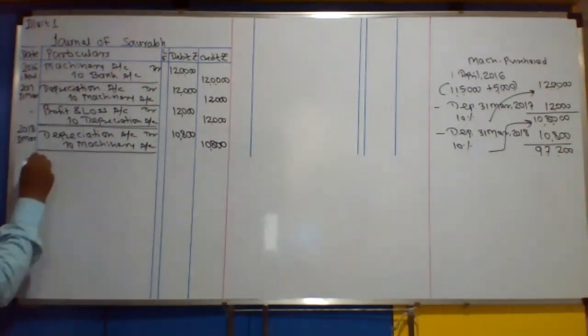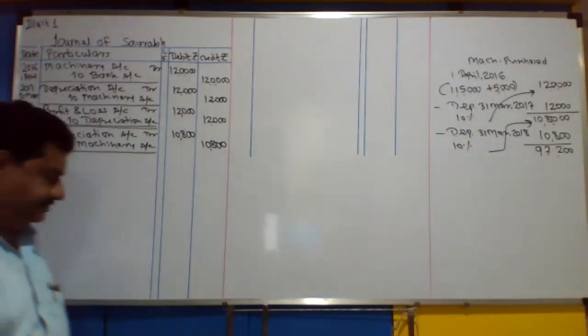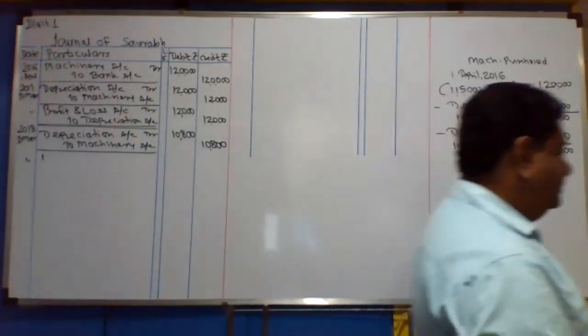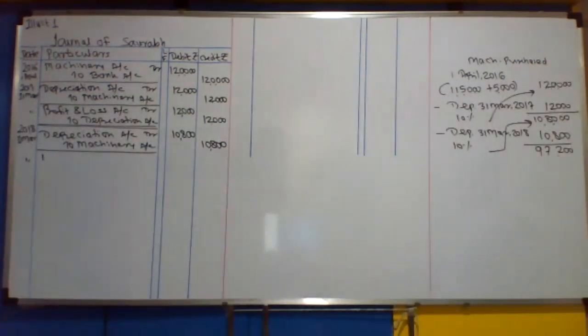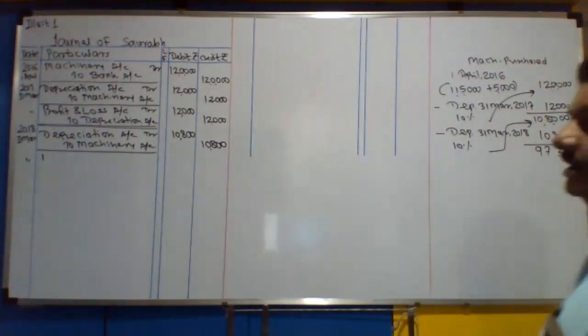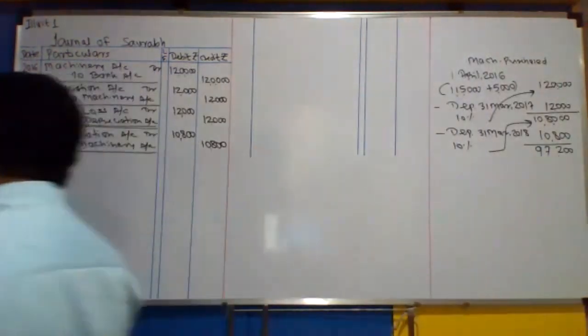Narration: being 10% depreciation charged under WDV, written down value method.